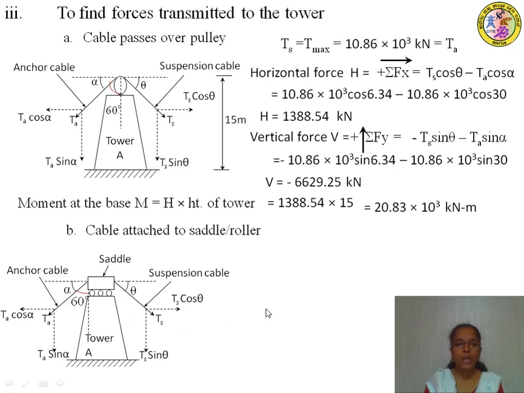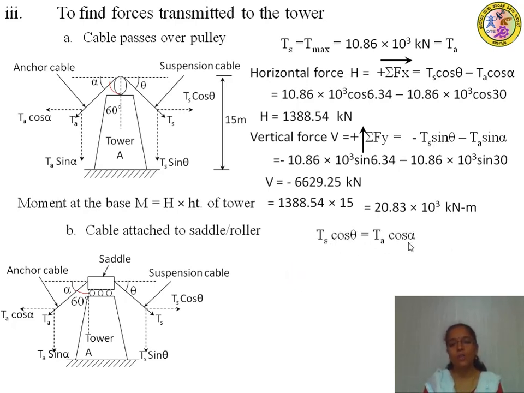So now we will apply. In the case of this saddle mounted on rollers, we know that the horizontal component of tension in the suspension cable should be equal to horizontal component of tension in the anchor cable. So that is the condition.